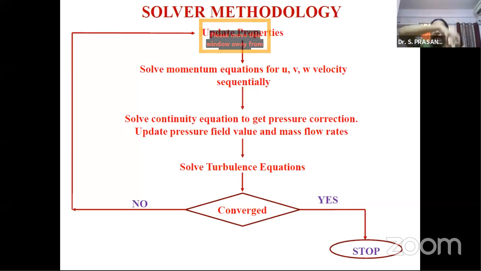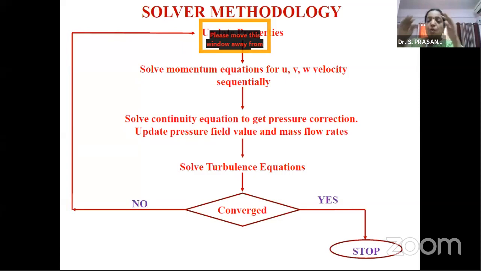So this continuity, momentum, and the energy equation, if it is used, these three are solved, and once your continuity equation is satisfied, it will run the turbulence model which you have selected, whether it is k-epsilon or k-omega. In k-epsilon, that is a two-equation model; there is also a one-equation model. You have the zero-equation model, simple algebraic equations, which can also be solved using this sort of software.